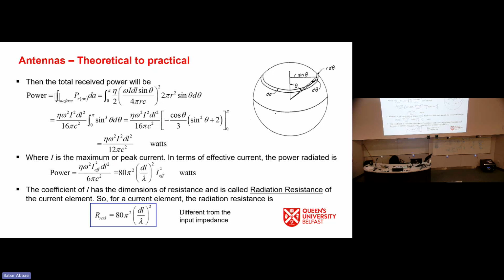Similarly, if I want to build a base station antenna and I want to serve the entire Belfast, of course, it's not possible using a single base station antenna. You will see down the line.